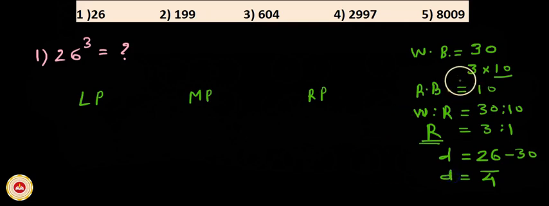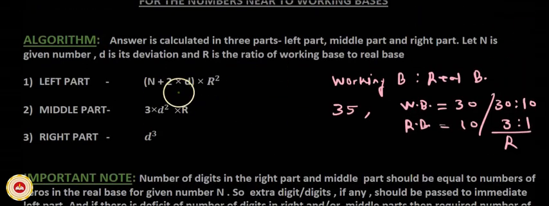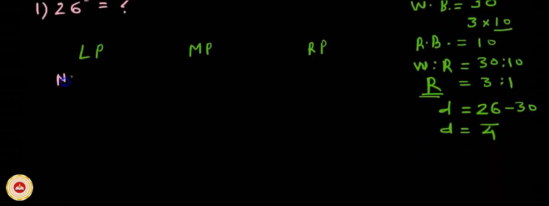Now we are ready with working base, real base, ratio of working base to real base and deviation. Now let us calculate these three parts. Left part is n plus 2 times d, put this in a bracket, multiplied by r squared.